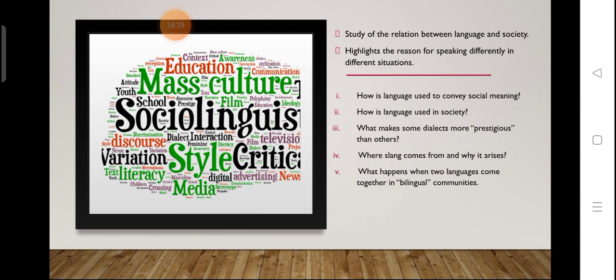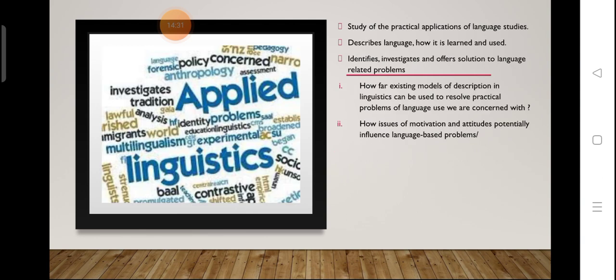Hope it is clear. Now let's move on to the second one, that is applied linguistics. As the term indicates, this is all about how we apply our knowledge of linguistics in various fields like psychology or anthropology. That is something studied under applied linguistics. It is the study of the practical applications of language studies. How was language acquired?